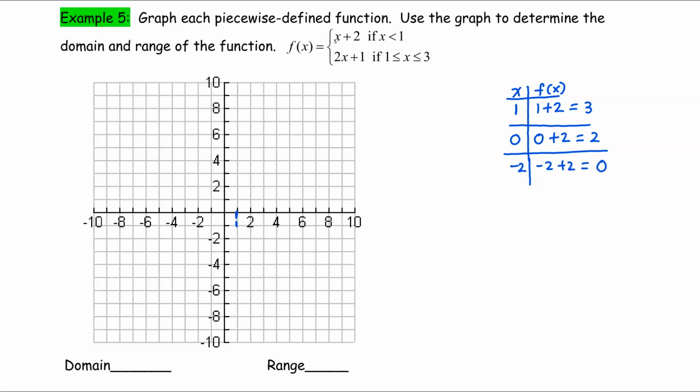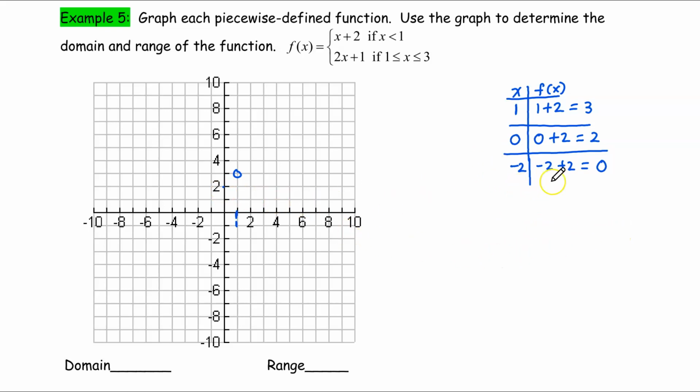Now, let's plot these points here. When x is equal to 1, y is equal to 3. We will make that open because there's no equality here. When x is 0, y equals 2.